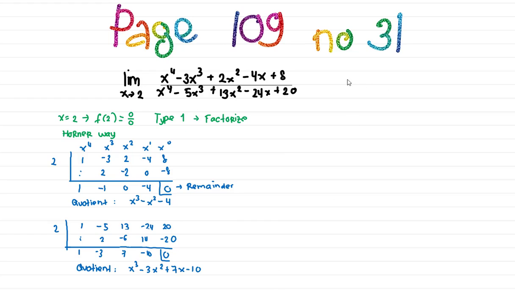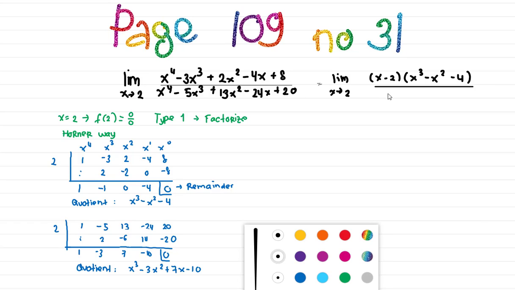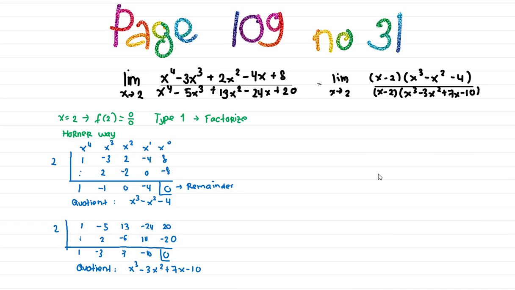Now we can factorize this limit, having the factor of x minus 2, yeah? The division of x to the power of 4 and so on by x minus 2 is this, and then at the denominator. So now you can see that you have the common factor x minus 2, and you can cross this out, and then you can substitute x equals 2 into the rest of the function.